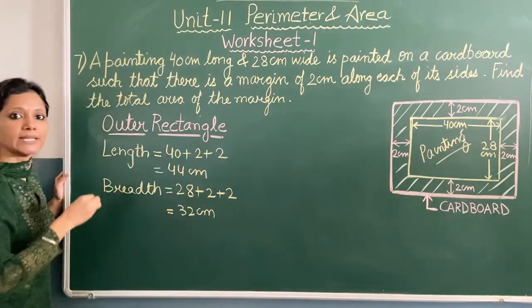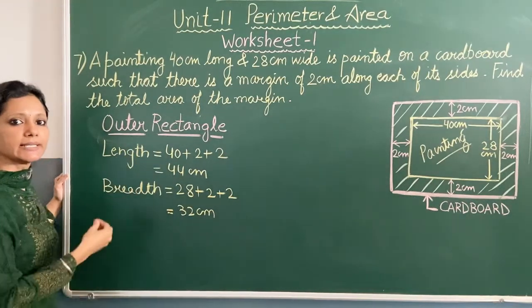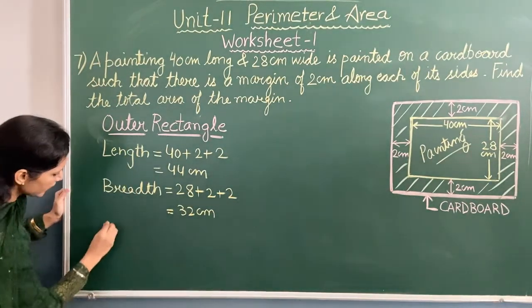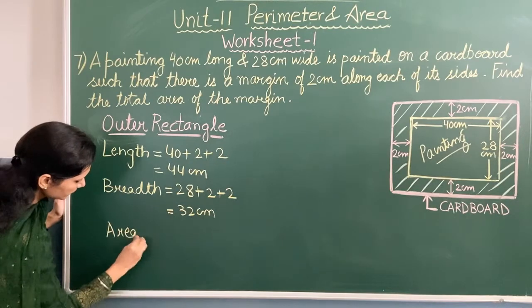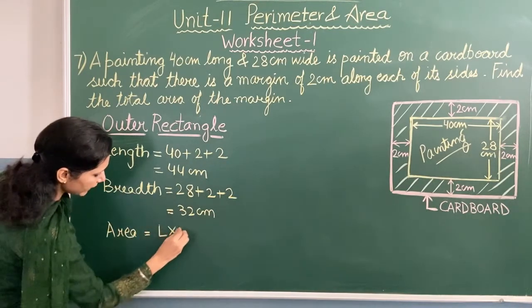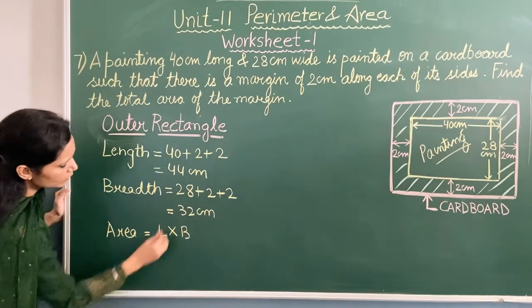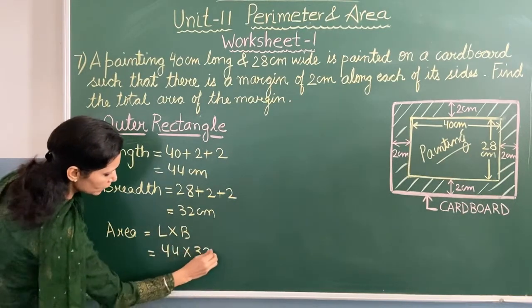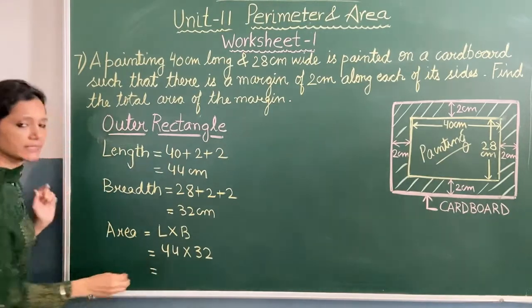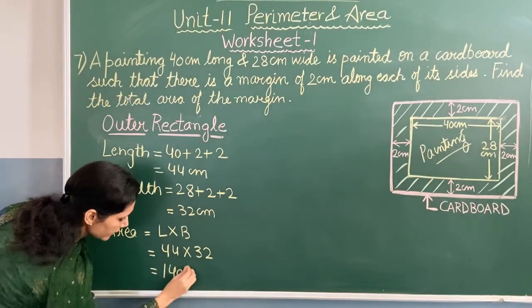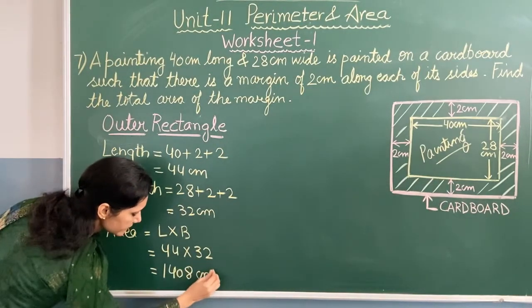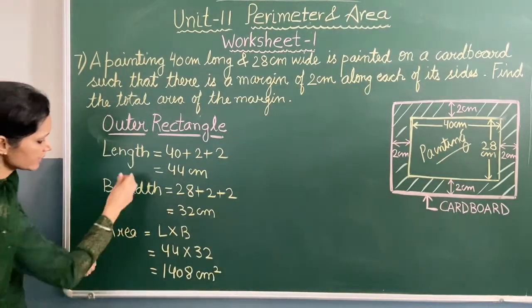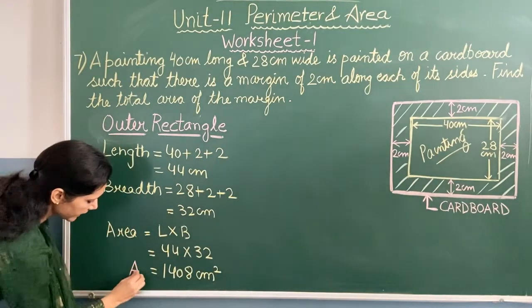Now that we know the length and breadth of the outer rectangle, we can easily find out the area. So area is equal to length multiplied by breadth, that is equal to 44 multiplied by 32. That comes out to be 1408 square centimeters. Let's name this area of the outer rectangle as A1.